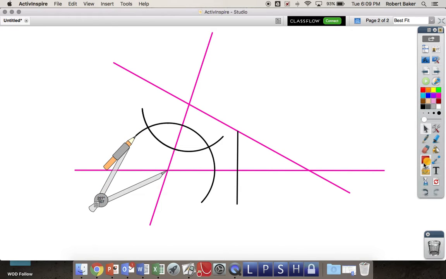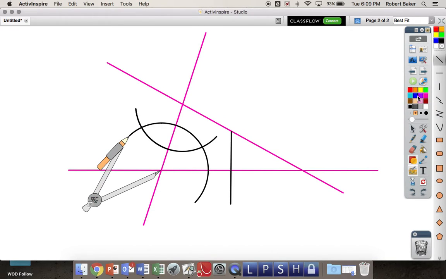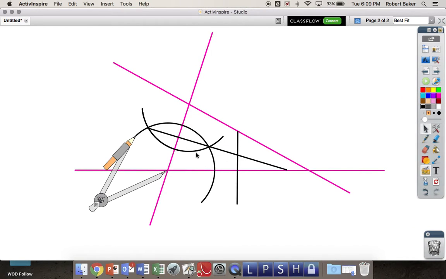I'm going to keep it black. So from here to here, the intersection of the arcs, and all the way across to the other side, that is my perpendicular bisector. So again, I'm going to erase my construction marks.